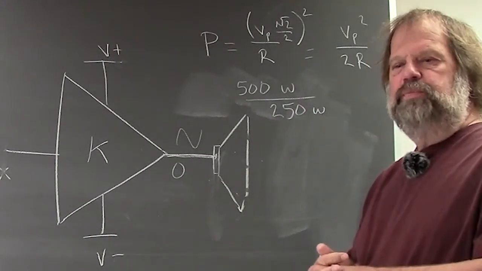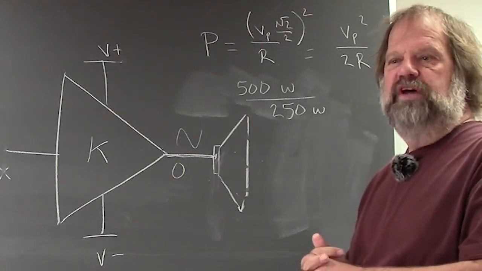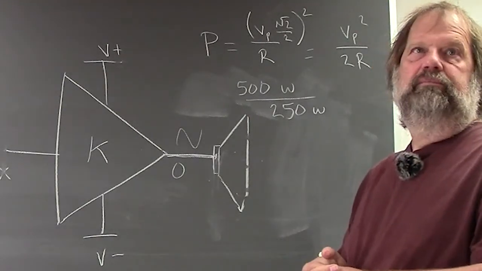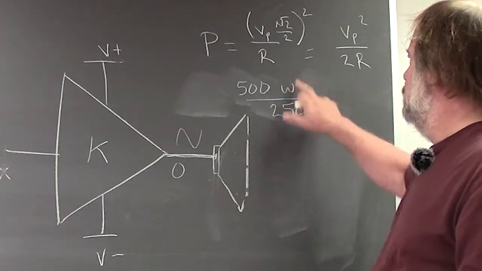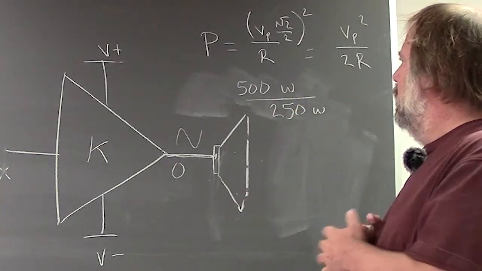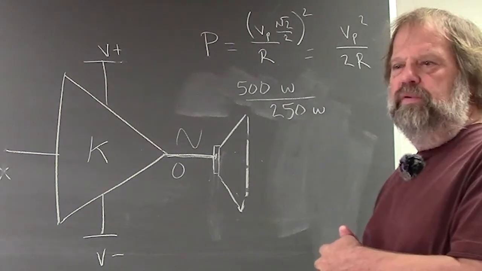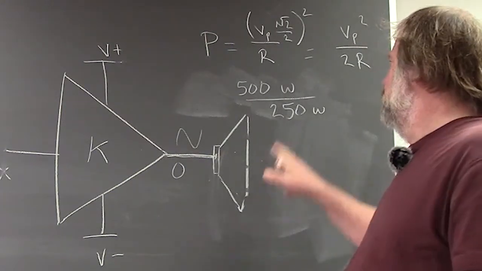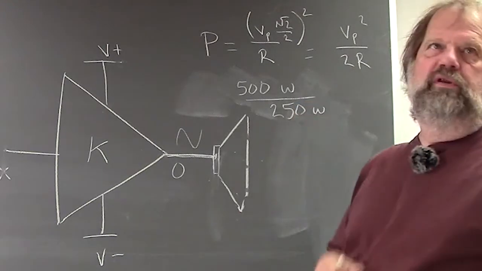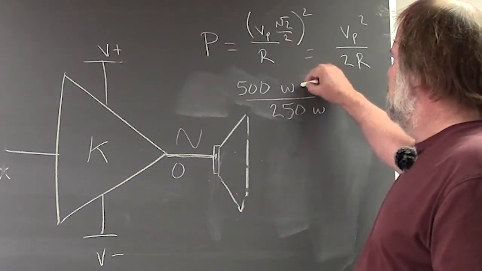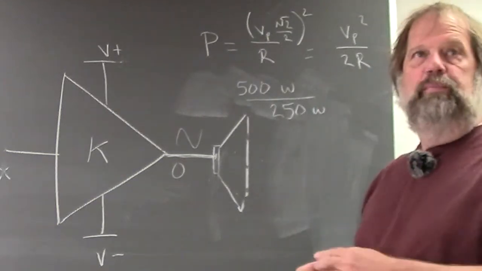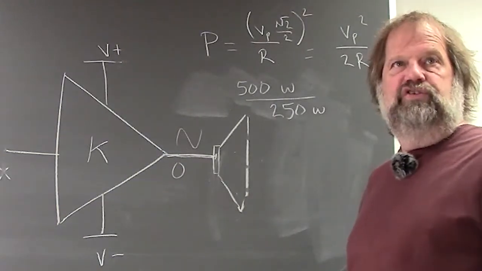From a sound pressure point of view, it increases your maximum sound pressure by 3 dB. That's it, 3 dB for twice the power. So if the loudest I wanted my speaker to be was 120 dB with 250 watts, well, 500 watts would, assuming it was linear, be 123. So there's diminishing returns here because as you start getting bigger and bigger amplifiers, at some point it costs a lot for each additional watt.